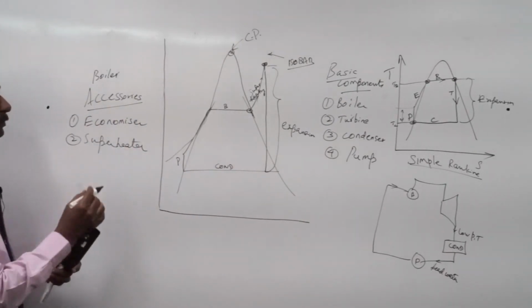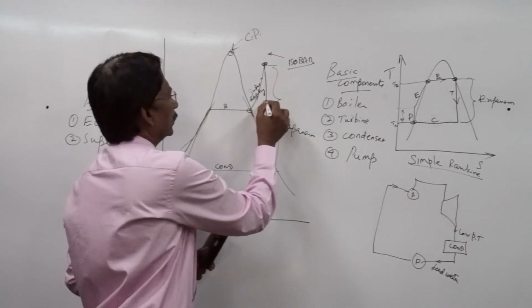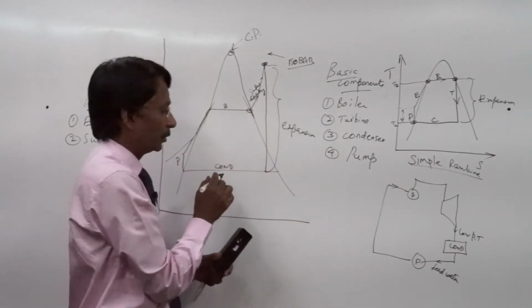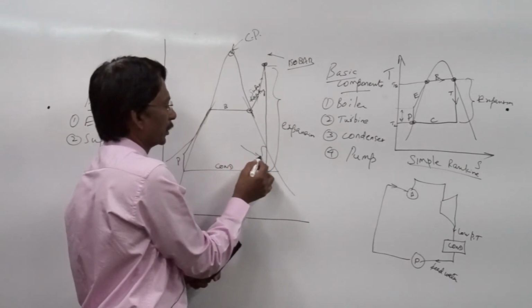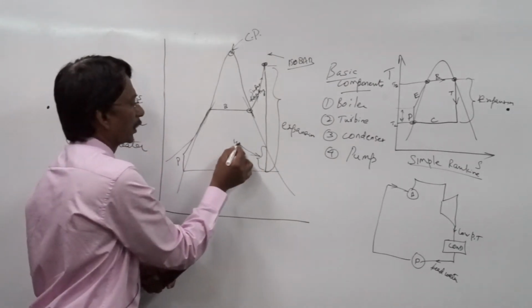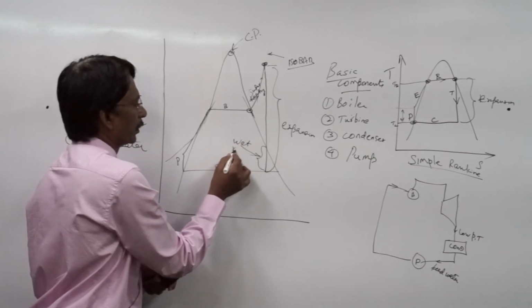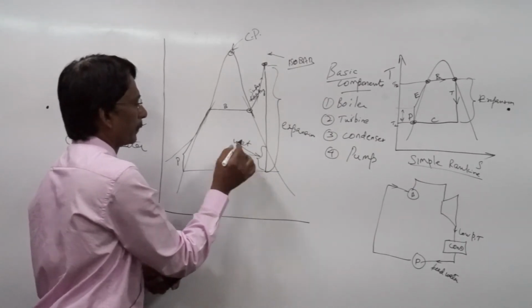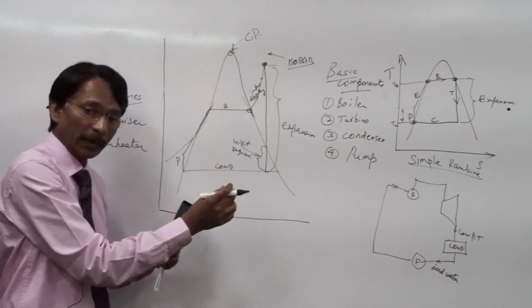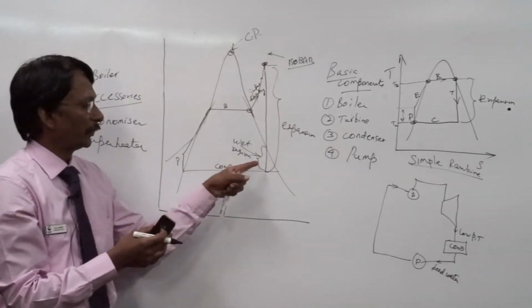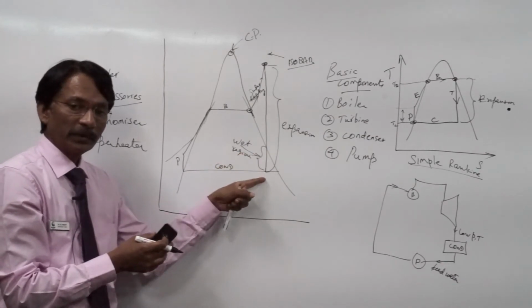Okay. Now, you can see here the biggest advantage. Only this much of portion is expansion in the wet region. So, only the last few stages of the turbine blades are going to be affected by this wet region expansion.